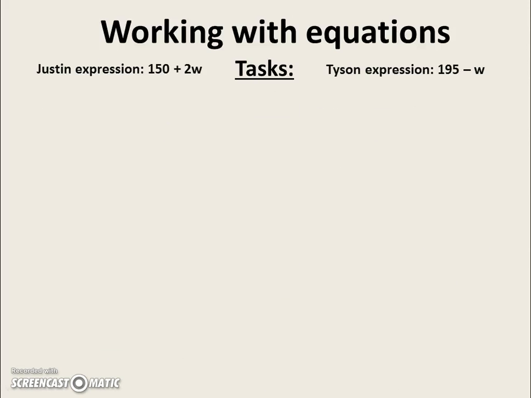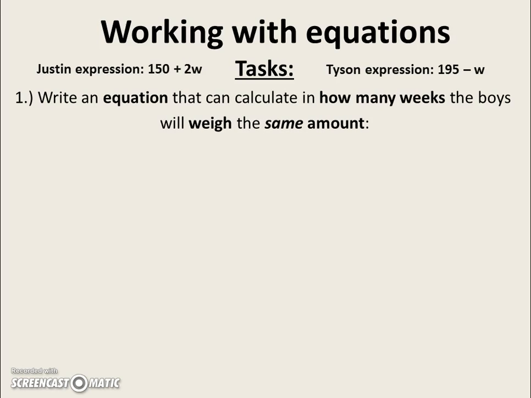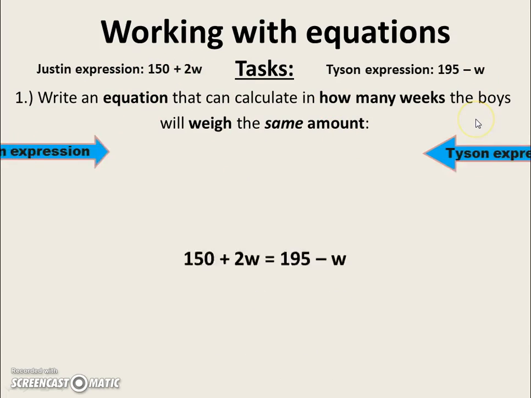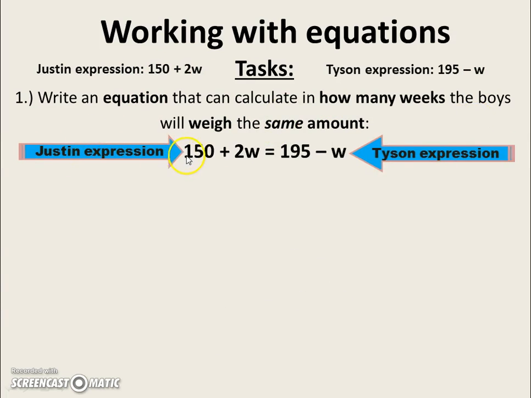Now let's talk about how we're going to use those two expressions. We have a task to do: write an equation that can calculate in how many weeks the boys will weigh the same amount. Same amount means, when are those two boys going to weigh equal amounts? We have two expressions that we can set equal to each other. Justin's expression is 150 plus 2W.